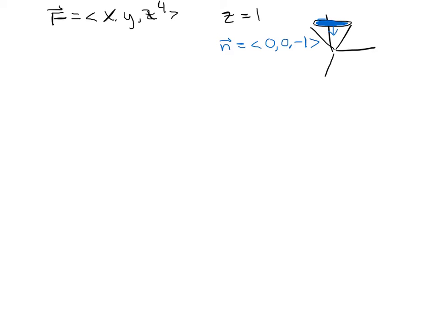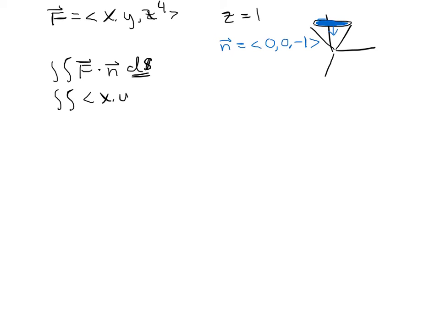Now, if I apply my formula for the surface integral, I'm going to dot the vector field with the normal vector. And then I still have to think about this dS. So let me dot that first.